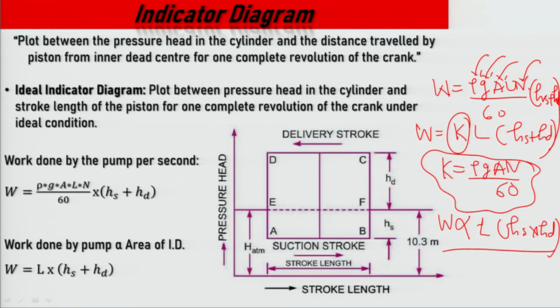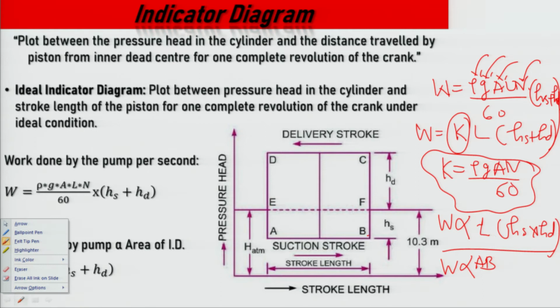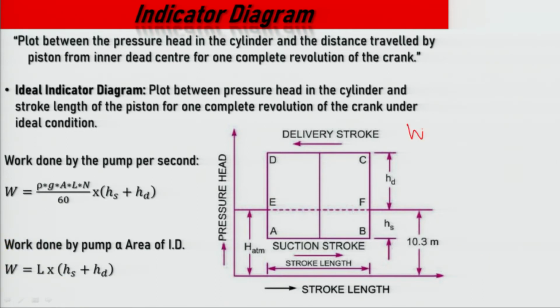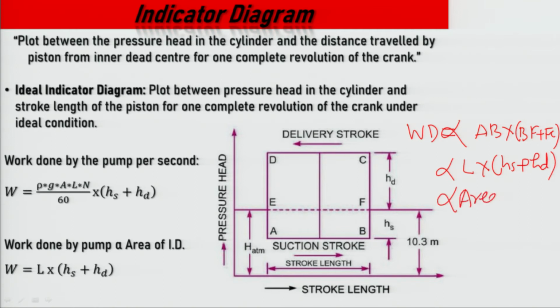What is L? L is AB. And H s plus H d is BF plus FC. So the work is proportional to AB, the length L, into H s plus H d. This means the area of the indicator diagram is the work done.